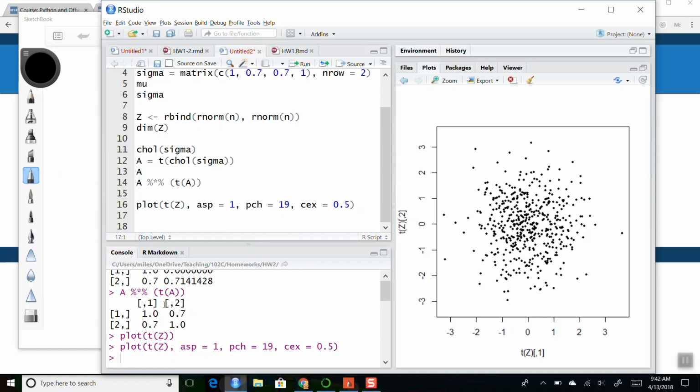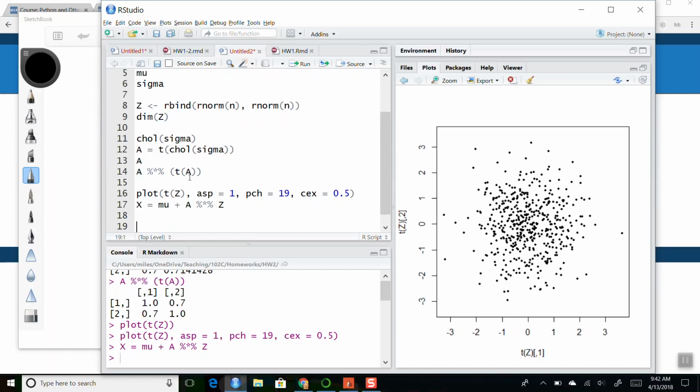It should look like it got squished and skewed a little bit, right? So we're going to define x as equal to our mu vector plus our A, which is the Cholesky decomposition, times z.